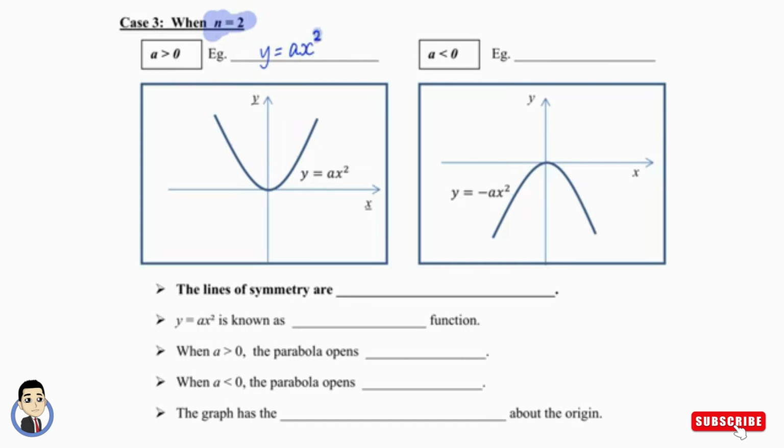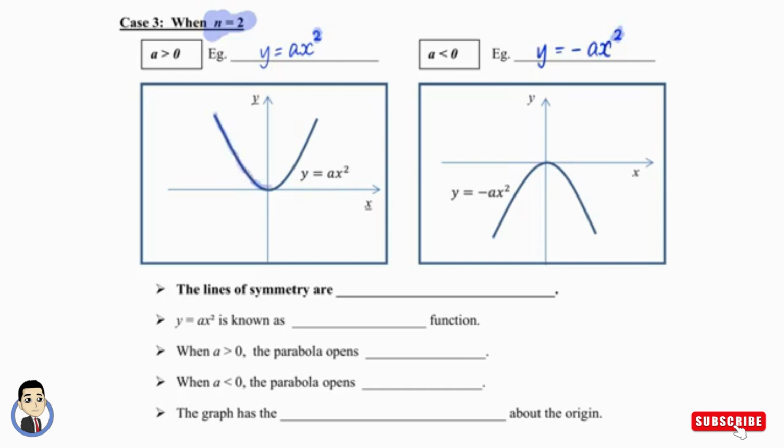And if a is negative, then y will be equal to negative a times x to the power of 2 as well. We have seen such questions before, and the shape is what we have seen before as well.